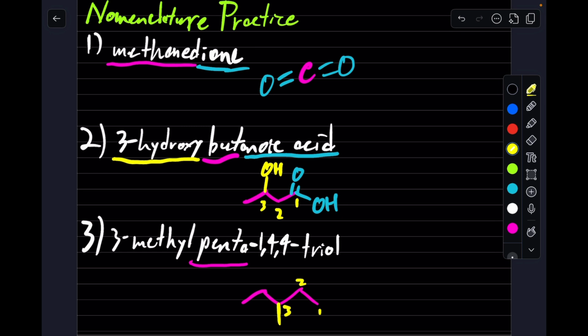And this is a triol, so there's going to be 1 OH right here. Hold on, let me use a different color. So there's going to be 1 OH on number 1 and 2 hydroxyl groups on carbon number 4.